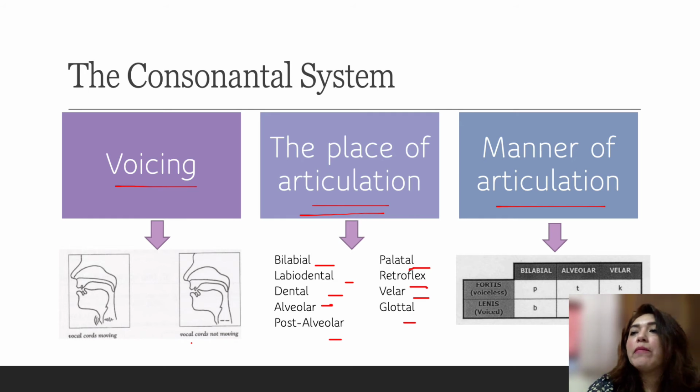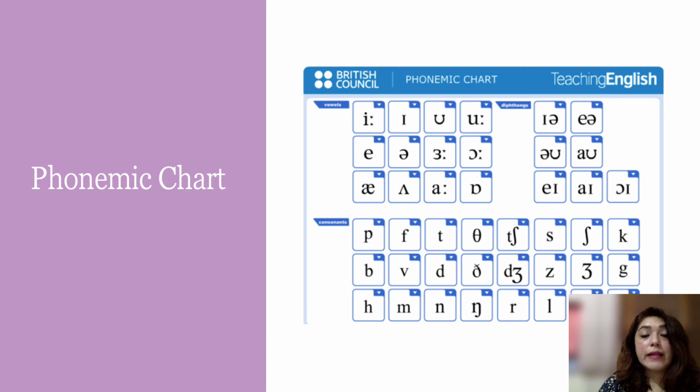Now talking about the manner of articulation, here we have a picture where we have plosive consonants according to the place of articulation. An interesting exercise that we did was the phonemic chart.